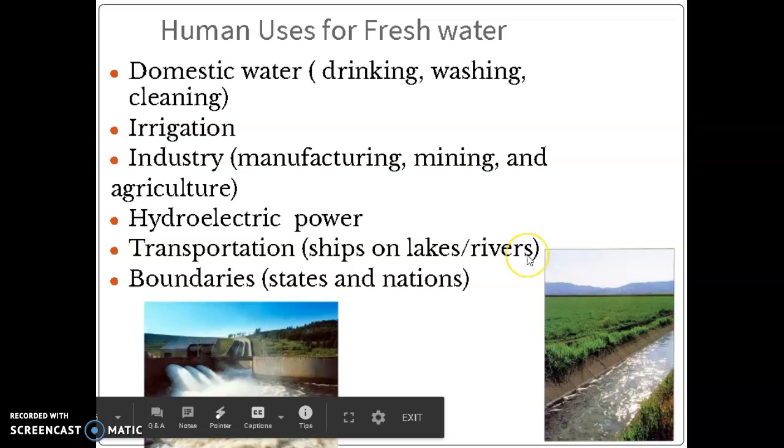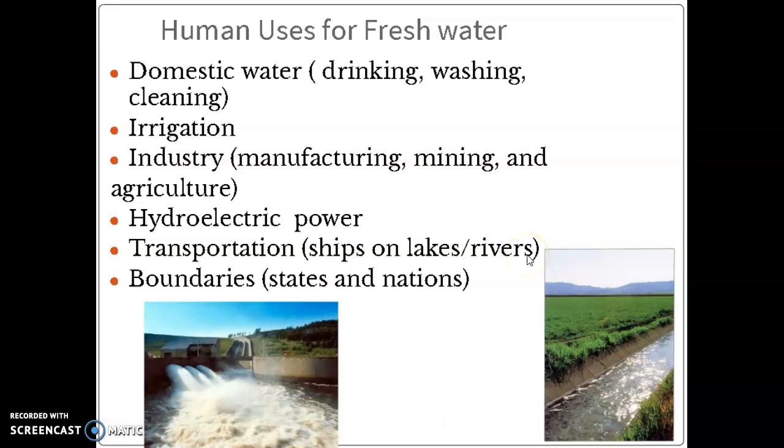So how do we actually use it? Domestic fresh water, right? The water we need to live off of, the stuff we drink, the stuff we wash our clothes and clean our house with. It also gets used as irrigation for fields to grow the food that we need. It's used in industry, whether in manufacturing, mining, agriculture, whatever the situation is.